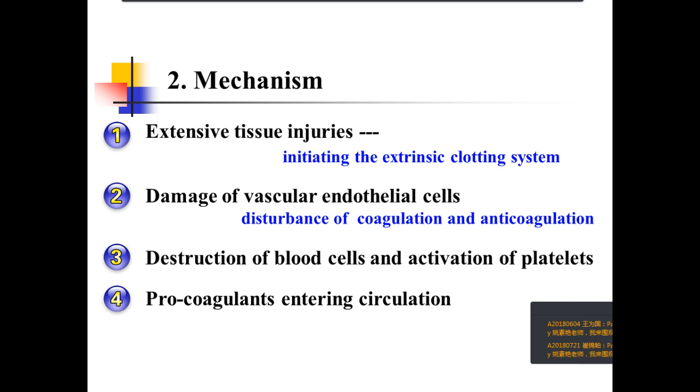Now, the pathogenesis of DIC. What can lead to DIC? Why does DIC happen? Why does coagulation function increase? The pathogenesis includes four. The first, tissue factor moves into the circulation, so it stimulates the extrinsic coagulation pathway; extensive tissue injury stimulates it.